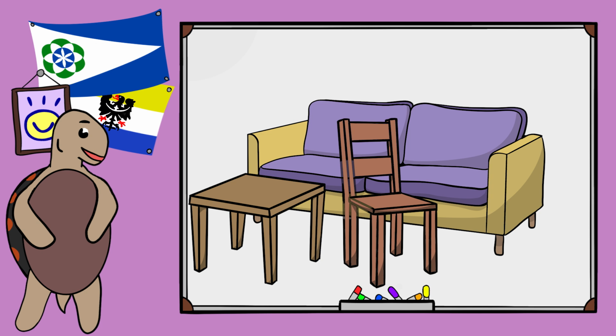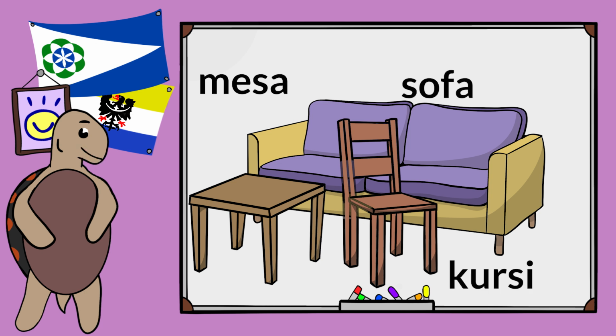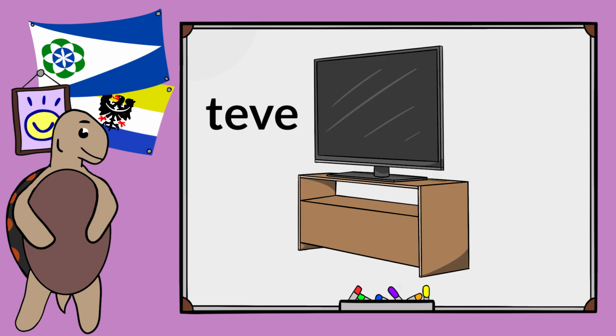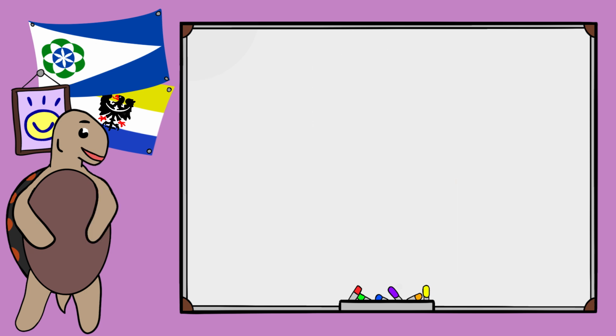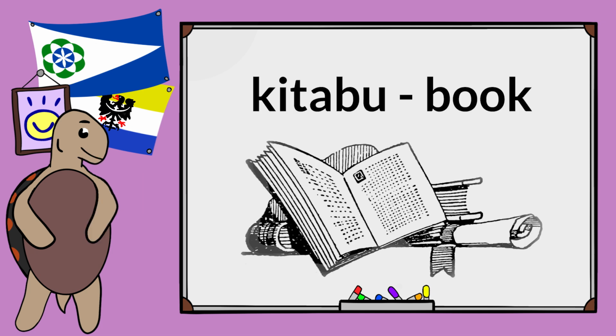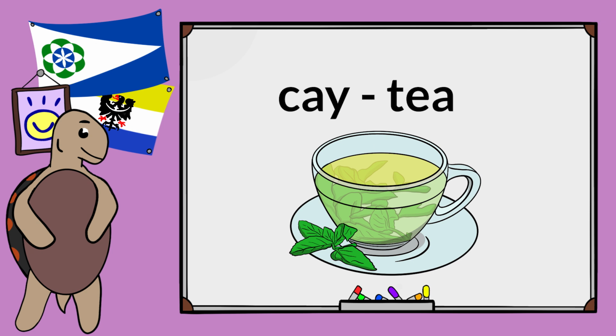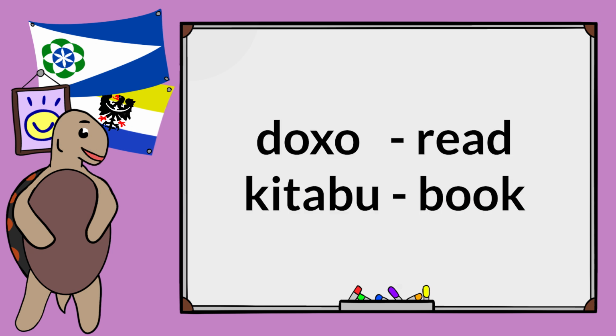Kursi. So here we have a mesa with a kursi, a sofa. What do we need? A teve. Yes, it means television. And for the people who don't like watching teve, we should remember kitabu, book. Let's get a chai, a tea, and read the kitabu.